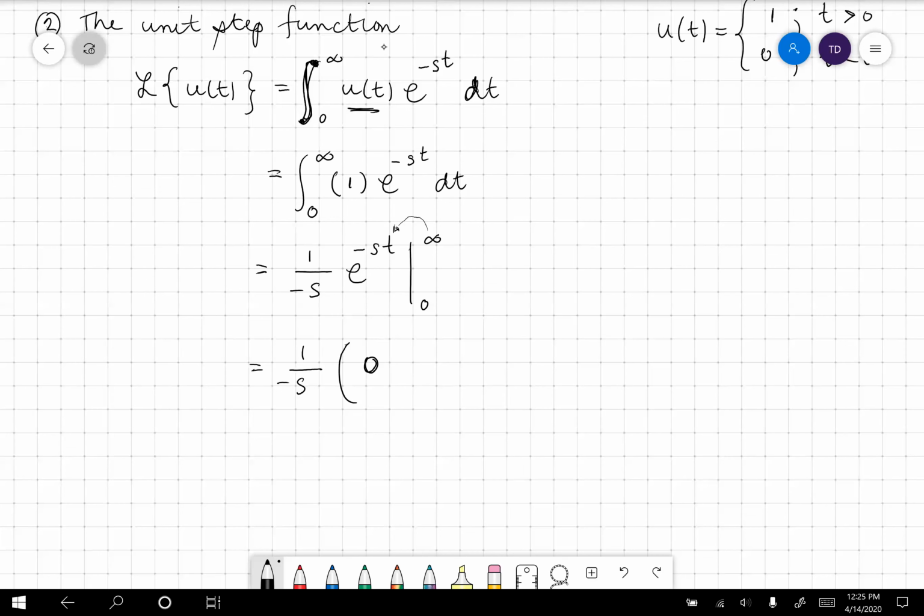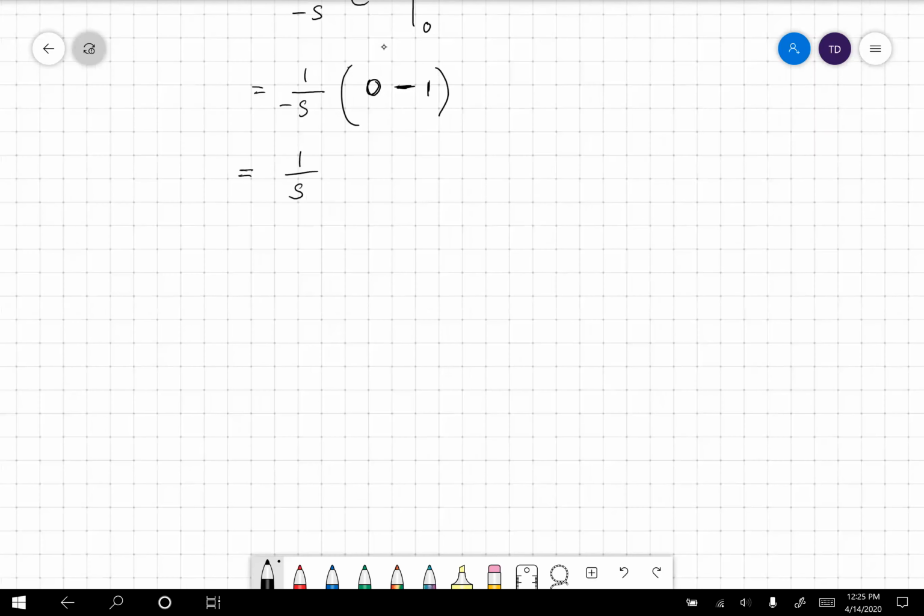And then at the lower limit, I plug in 0. E to the minus 0. That's 1. And isn't this a beautiful thing? This is equal to 1 over s. So our second Laplace transform is the Laplace transform of u of t, and u of t Laplace transforms into 1 over s.